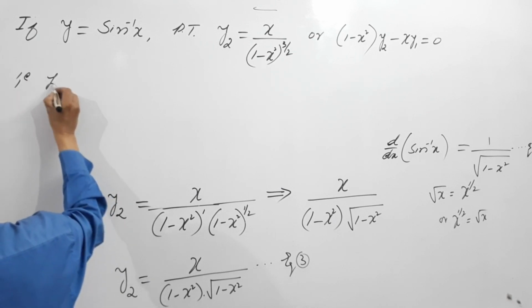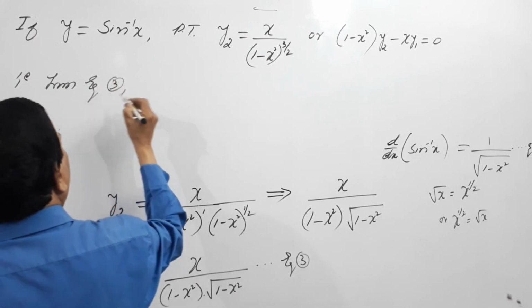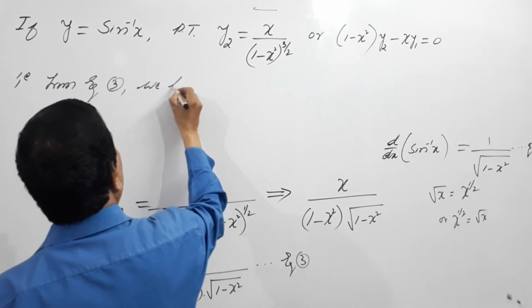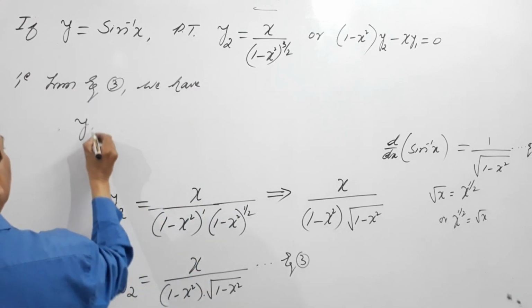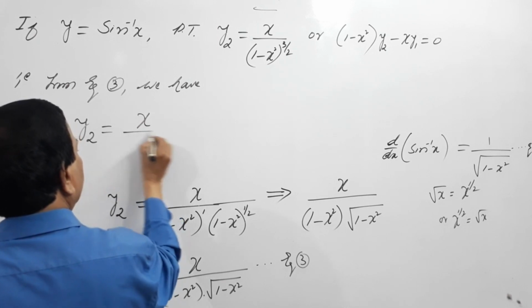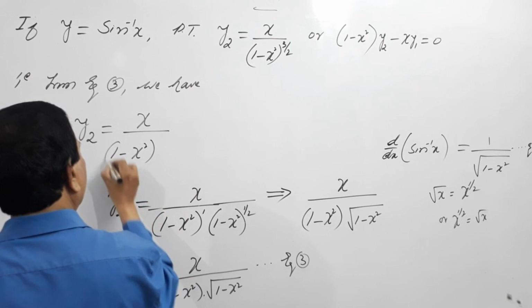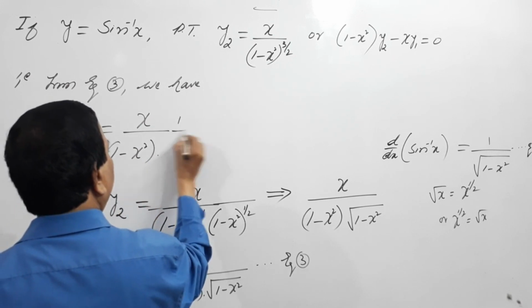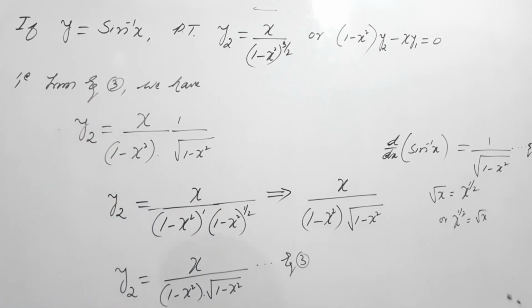From equation 3 we have y2 equals x by 1 minus x square into 1 by under the root 1 minus x square. Can I write like this?